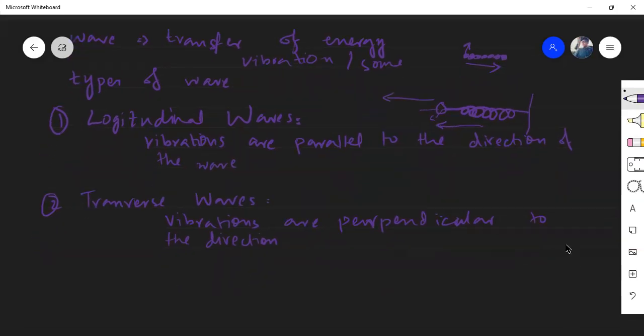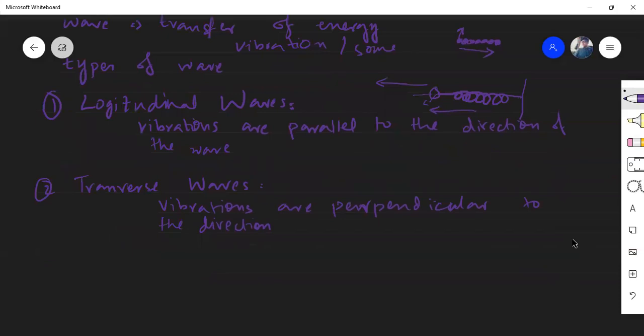So the wave is basically the energy transfer. So you can just write, wave or the energy transfer, and direction of the wave / energy transfer.